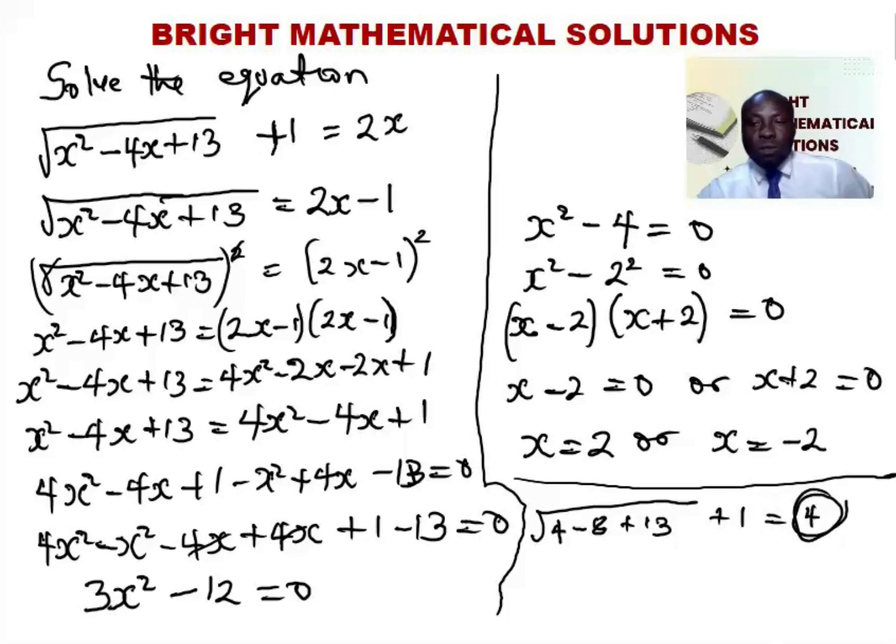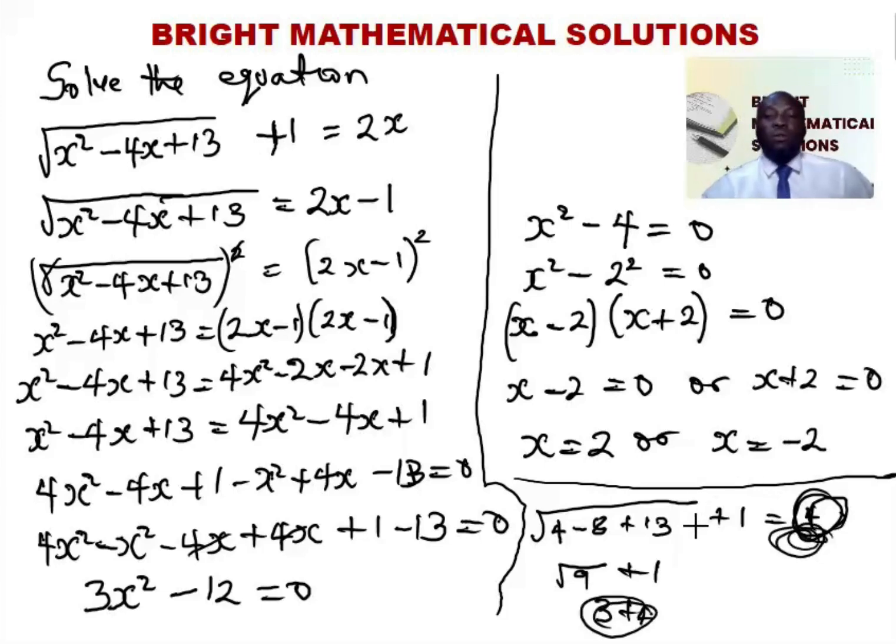So it must give us 4, whatever we get here. Let us check. 4 minus 8, that is minus 4. Minus 4 plus 13, that is 9. Square root of 9 is 3, plus 1. So that is 4. Definitely our solution is correct.